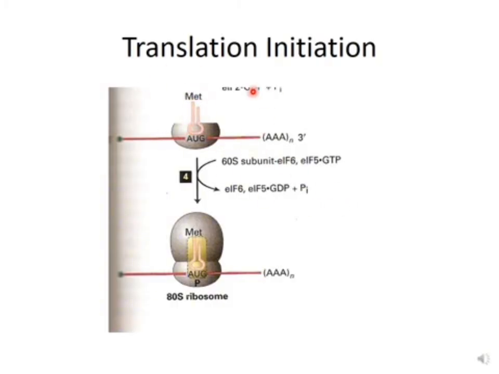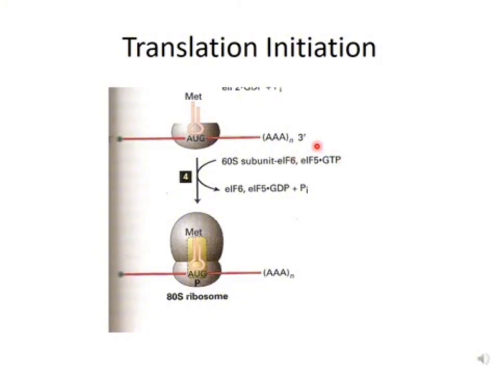Once this complex is finalized, the 60S subunit bound to EIF6. As we mentioned, EIF6 is bound to the larger subunit to prevent it from binding to a smaller subunit if there is no mRNA present.